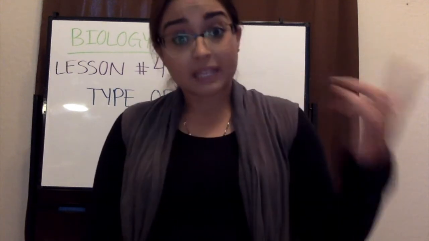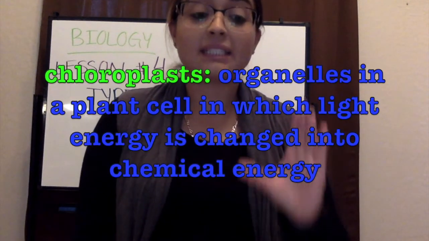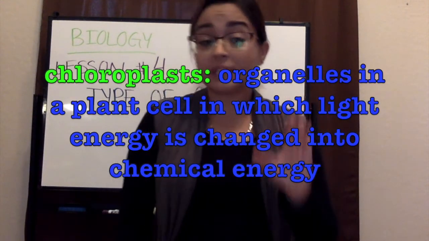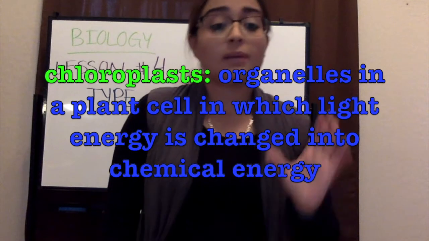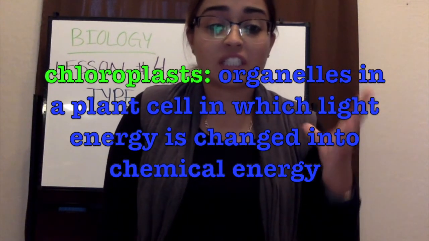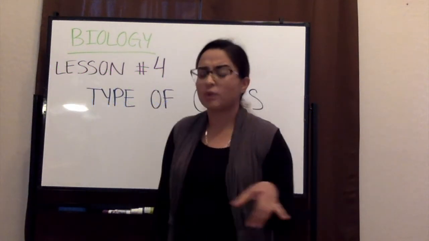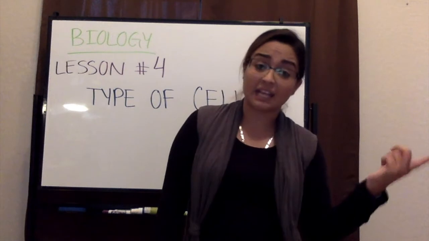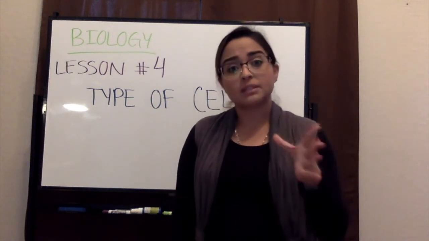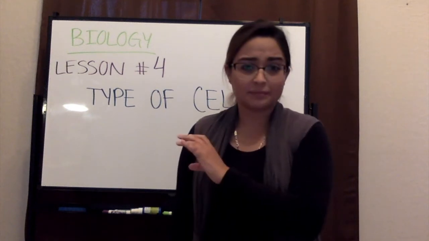And something else is chloroplast. Chloroplast is an organelle found only in a plant cell, in which light energy is changed into chemical energy. So what kind of organelle did we talk about last class that transformed the nutrients into energy?